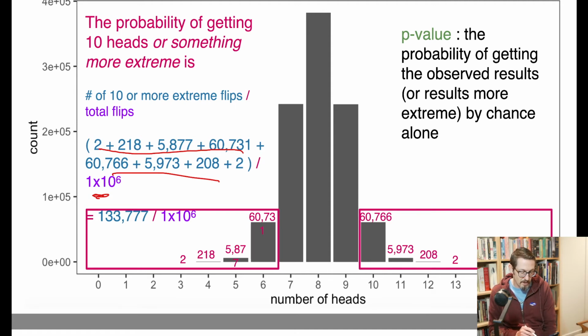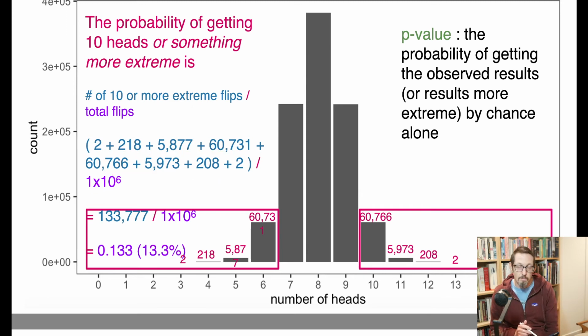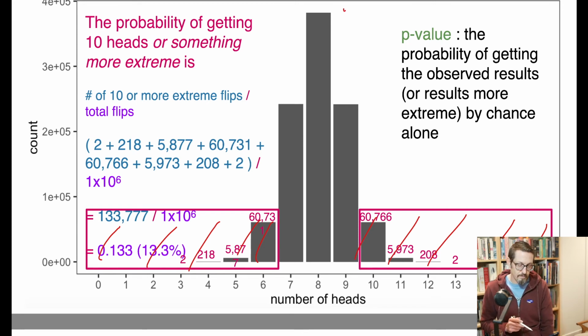So we're finding that the total probability is 133,000 roughly out of a million. So that turns out to be 13%. So everything out here constitutes 13% of the possibilities that are going to happen. Okay?